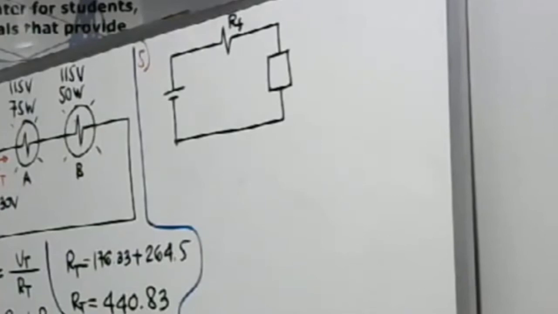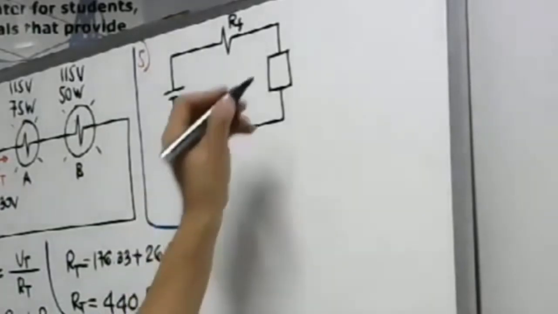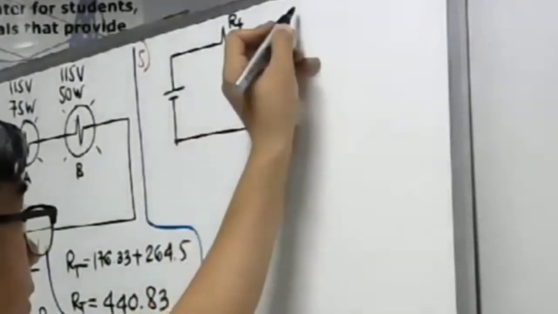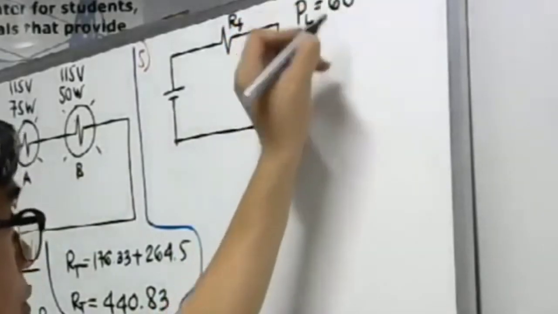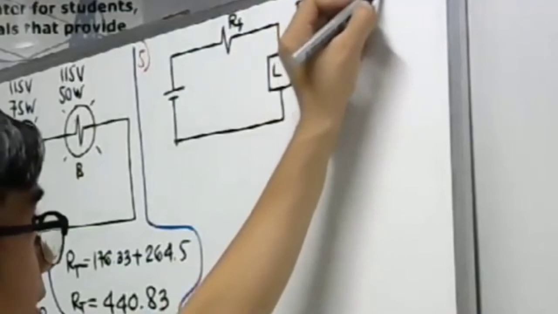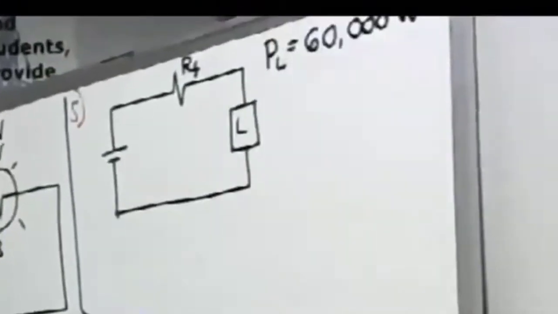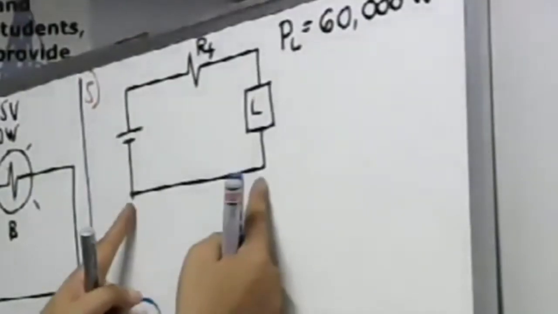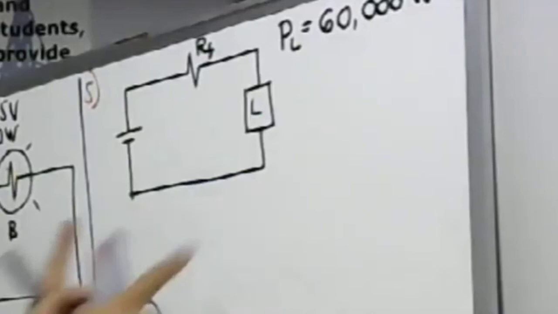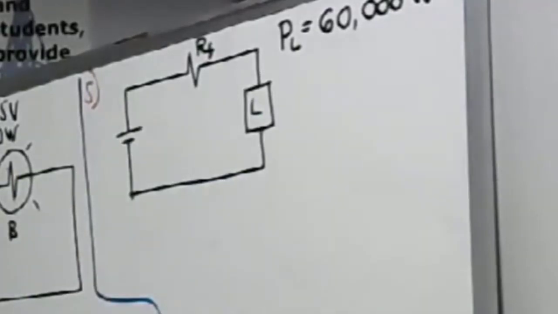It supplies 60 kilowatts, so our PL is 60 kilowatts or simply 60,000 watts, to a load over 2,500 feet. That is the distance from the source, 2,500 feet.